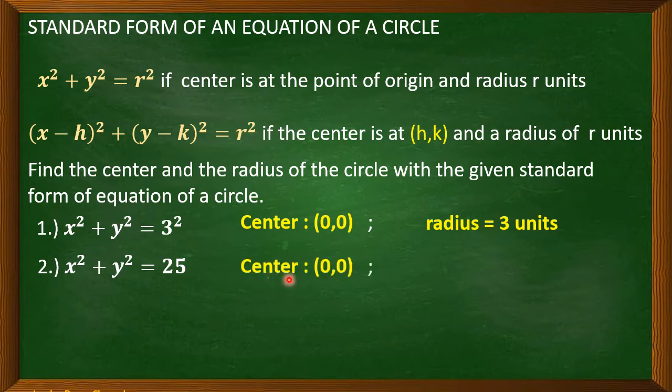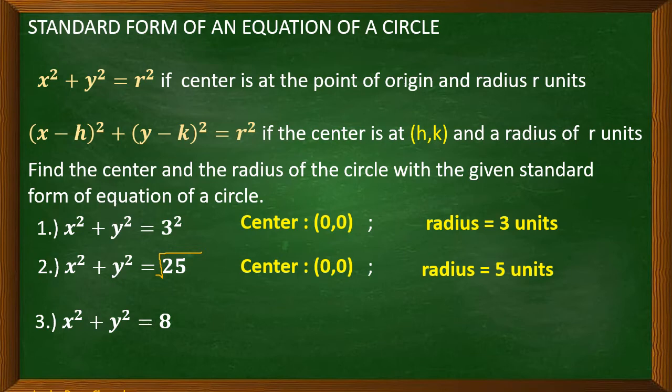And to determine the radius, since this is not in exponential form, we have to get the principal root. The principal root of 25 is 5. We have to extract the principal root or the positive square root of 25, and that is equal to 5. That's why we have 5 units.